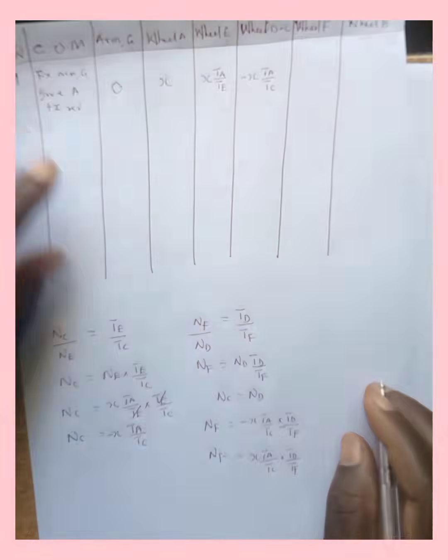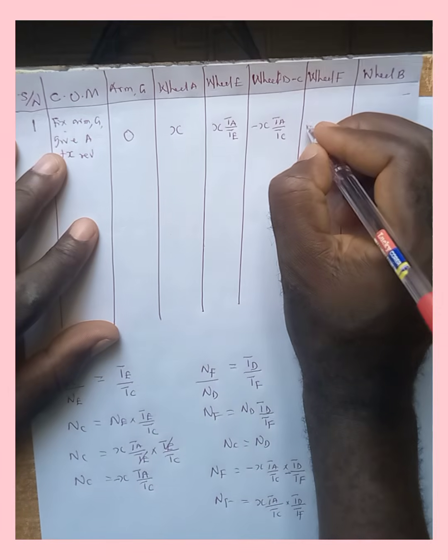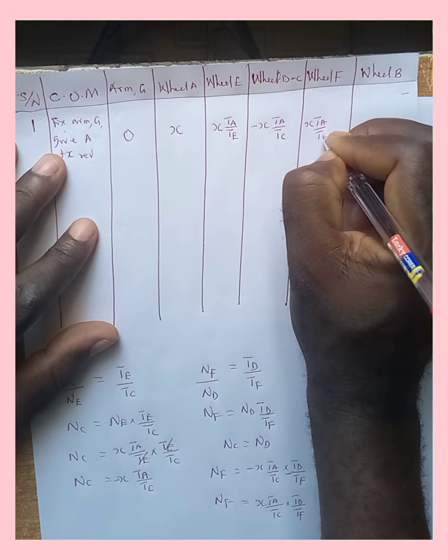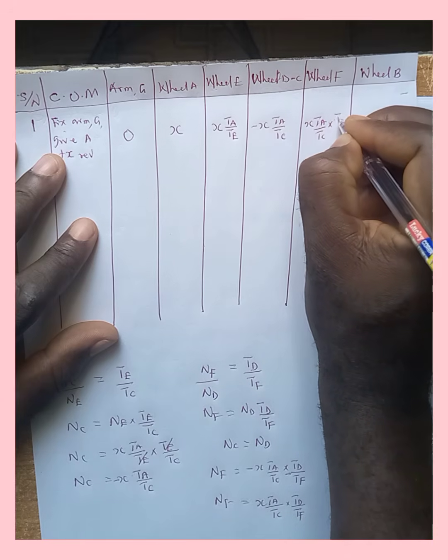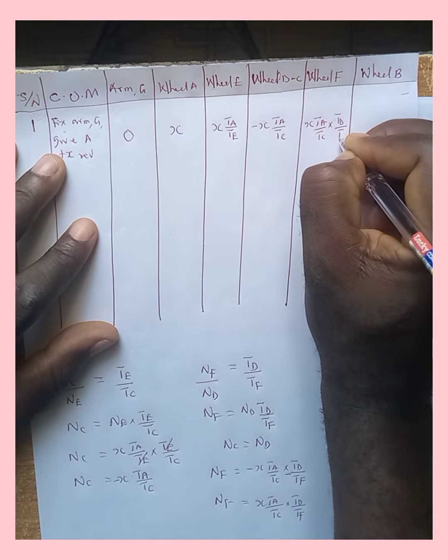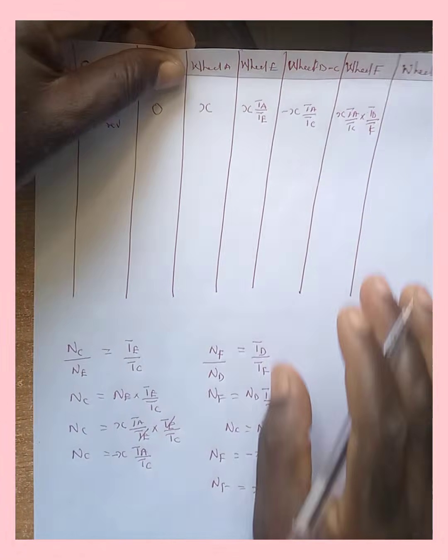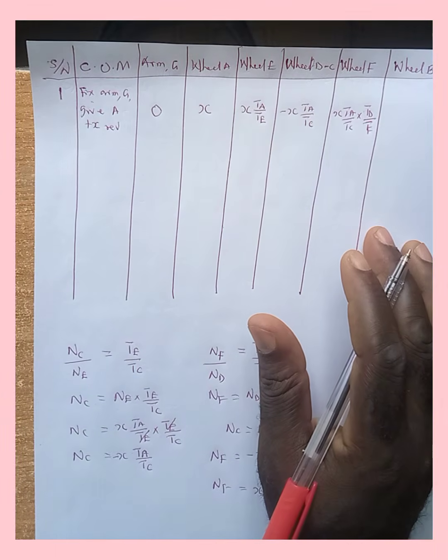Then we can now write it here as XTA over TC multiplied by TD over TF.